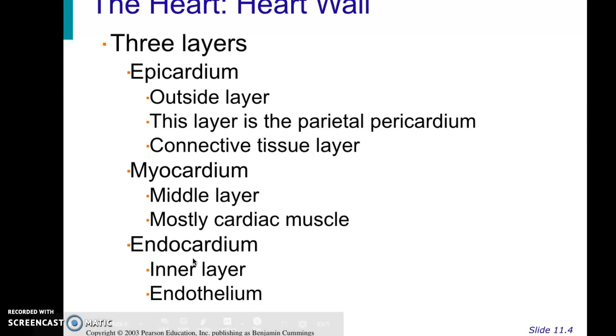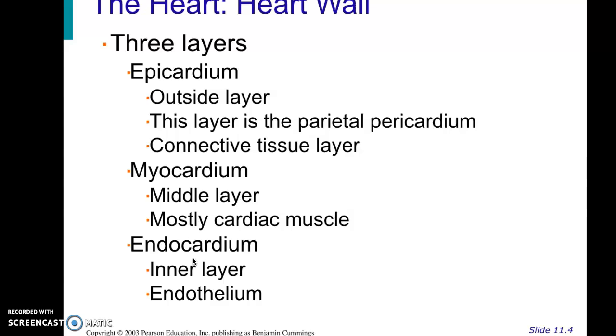If we were to dissect the heart wall, there are 3 layers to it. When you look at sheep hearts, the left side of the heart is a lot thicker than the right side because the left side pumps to the body. The right side only pumps to the lungs. So remember, epi is outside, myo tends to be middle, and endo is inside.